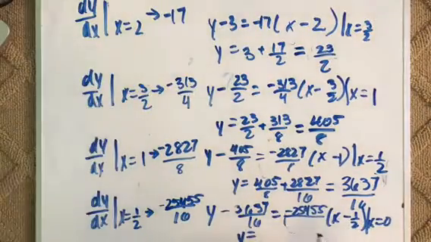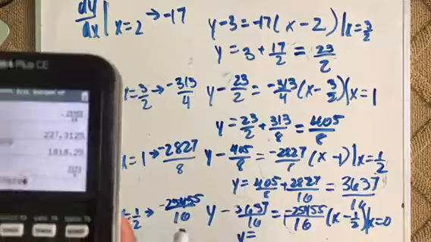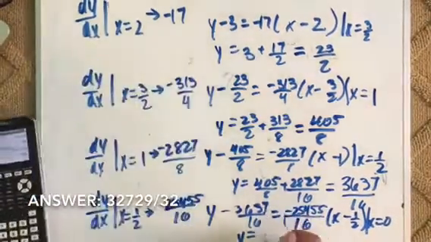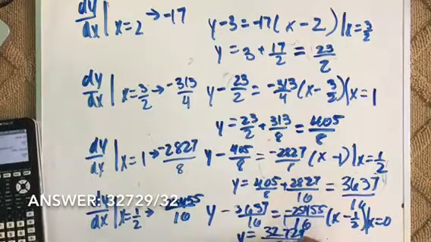After repeating the Euler's method 4 times, and after a bunch of calculations, you should get y of 0 equals 32,729 over 32.